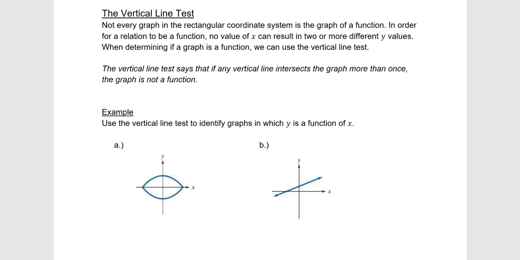But we're going to use the same exact concept, that no value of x can result in two or more different y values, and graphically speaking, this is the vertical line test. The vertical line test says that if any vertical line intersects the graph more than once, it is not a function.